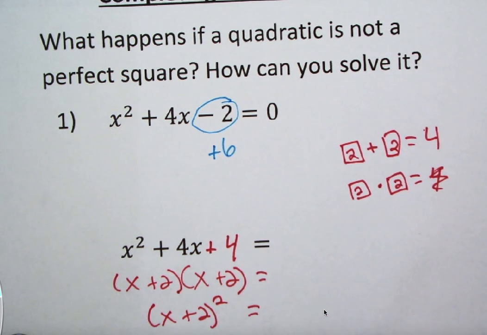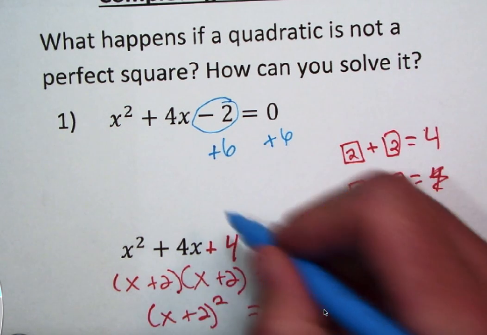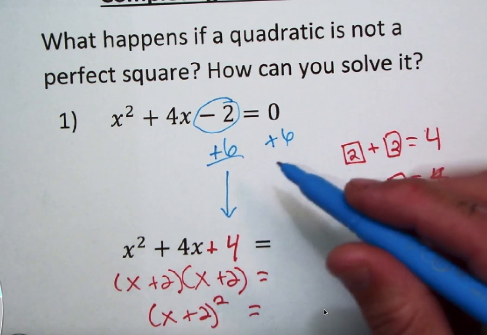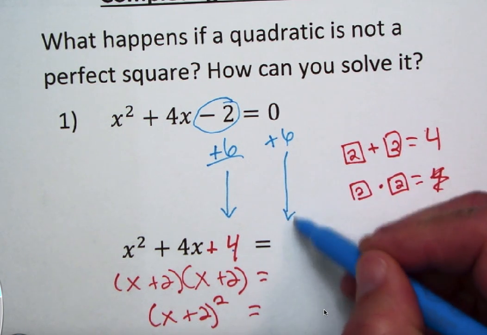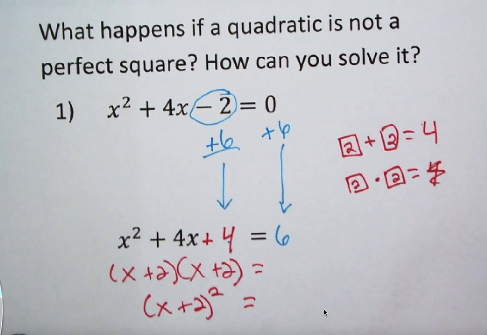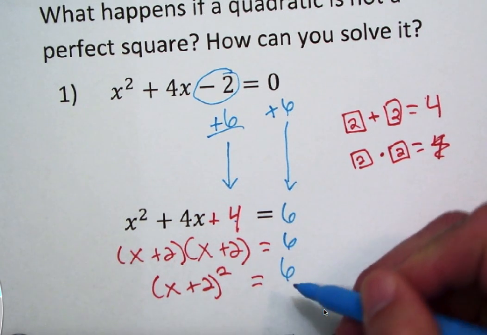We add 6. And we are okay in algebra as long as we do it to both sides of the equation. So we'll add 6 to both sides. And -2 plus 6 is 4. But to keep it balanced, we've got to do it to both sides. And bring that 6 down.